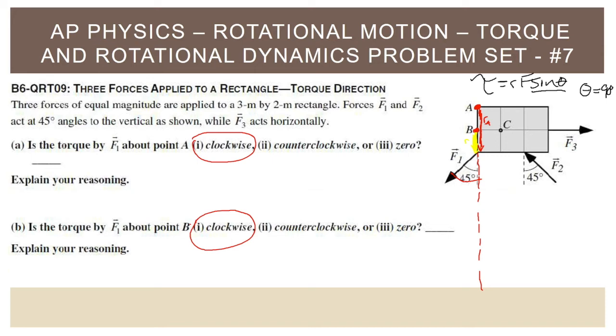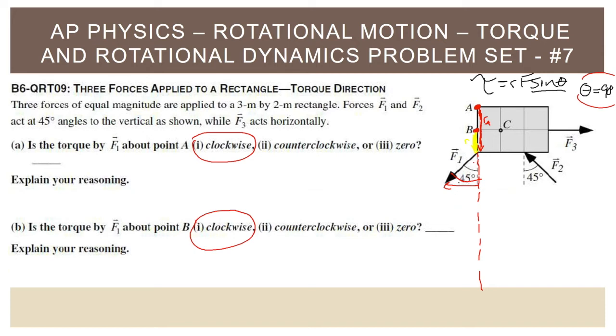Now, if you don't love that way of thinking about it, another way of thinking about it is by thinking about the component of this force that is perpendicular to those position vectors, because again, the torque is maximized at 90 degrees, and basically by taking F sine theta, really you're just considering here the force that's acting that way, because notice this component here is opposite of that angle.